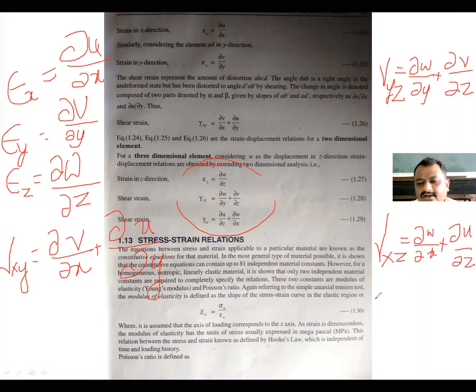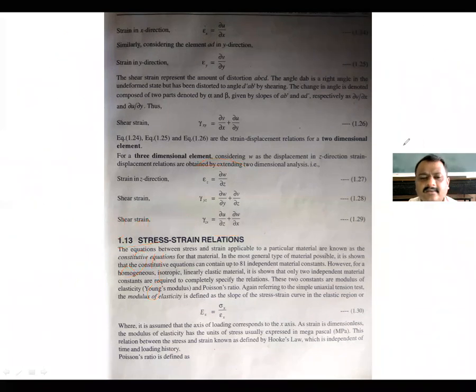So this is how you write the shear strains in the given case. For any three-dimensional element, if you want to write the shear strains, you can write it like this. So these are known as strain displacement equations. They can ask you strain displacement equations. That's in your syllabus. This forms the fundamental thing.